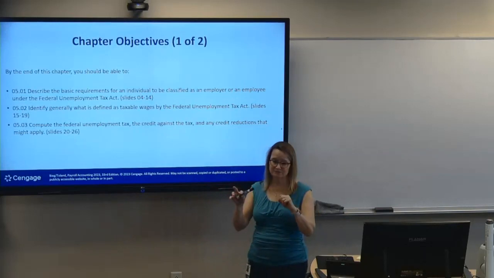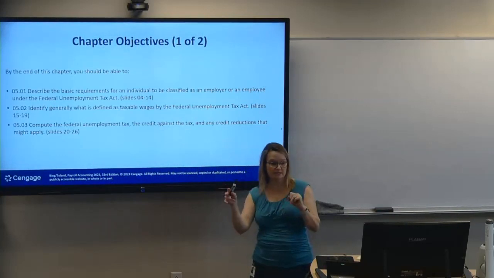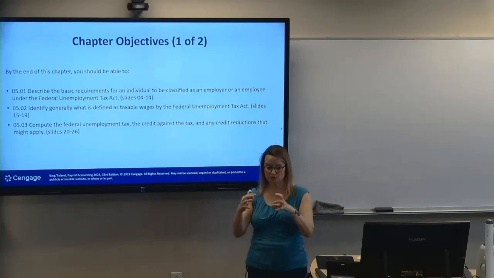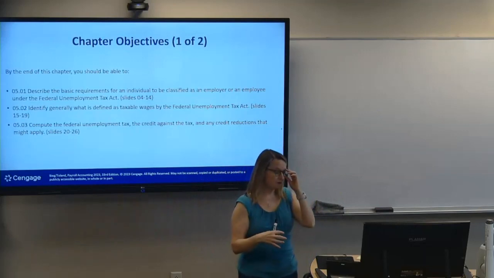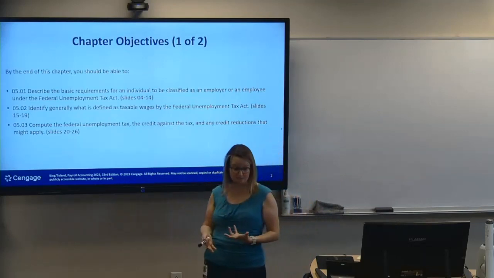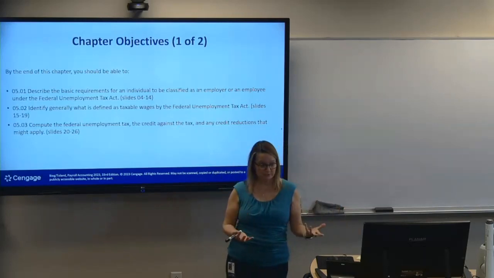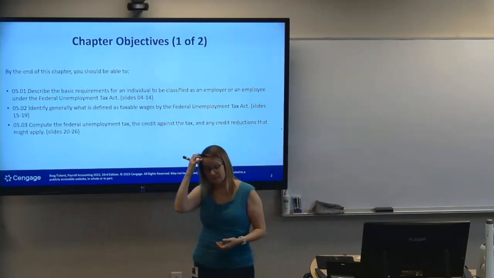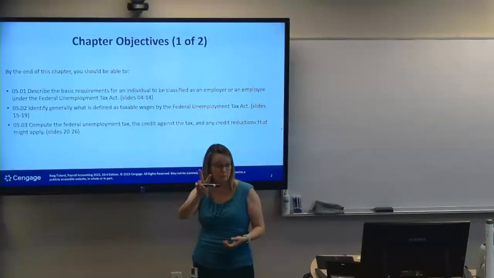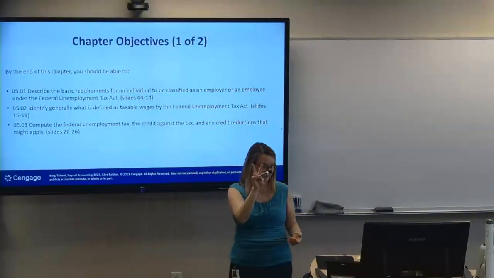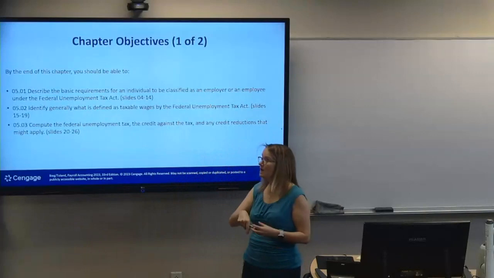So there are 2 parts: federal unemployment and state unemployment agencies. Those 2 pieces work in conjunction with each other. Employers pay taxes to both the federal government and the state.